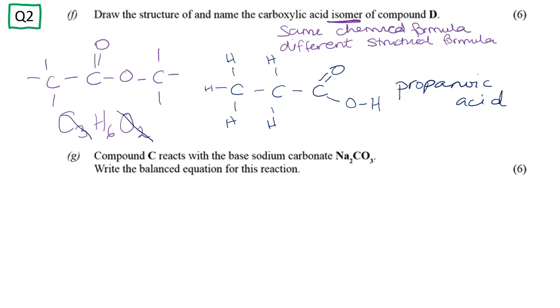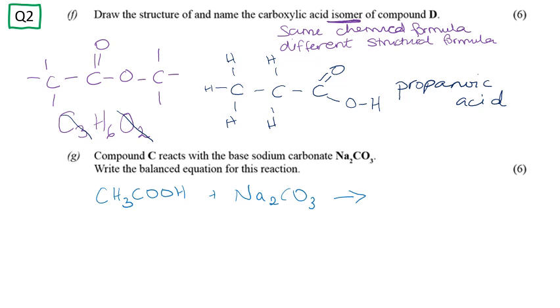Question G is asking us about the reactions of a carboxylic acid with sodium carbonate. This was part of our mandatory experiment on carboxylic acids. And what we will have there is the ethanoic acid reacting with the sodium carbonate to make the carboxylate salt.